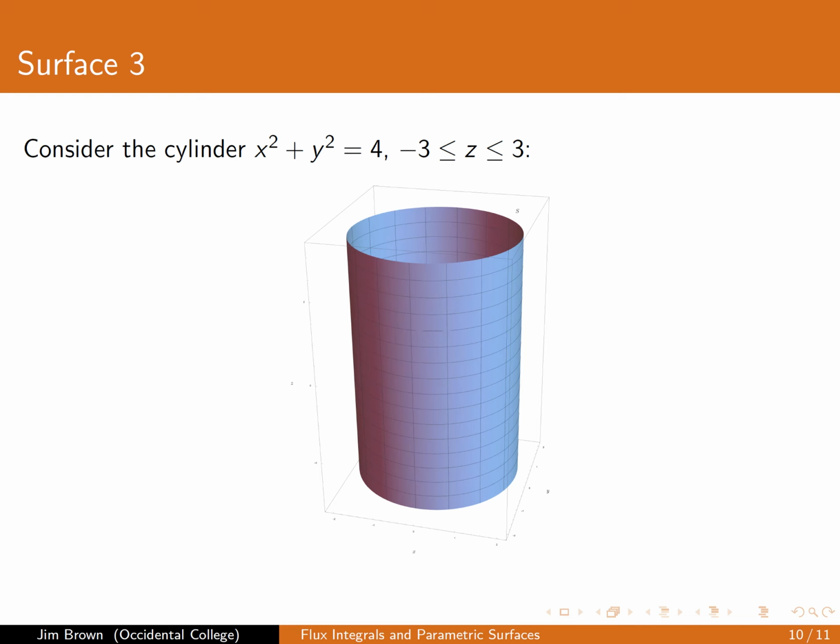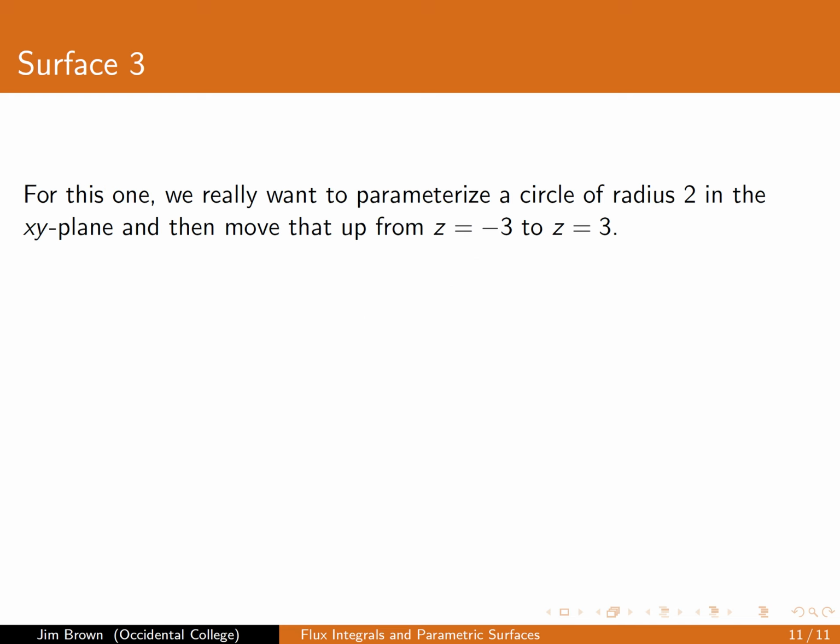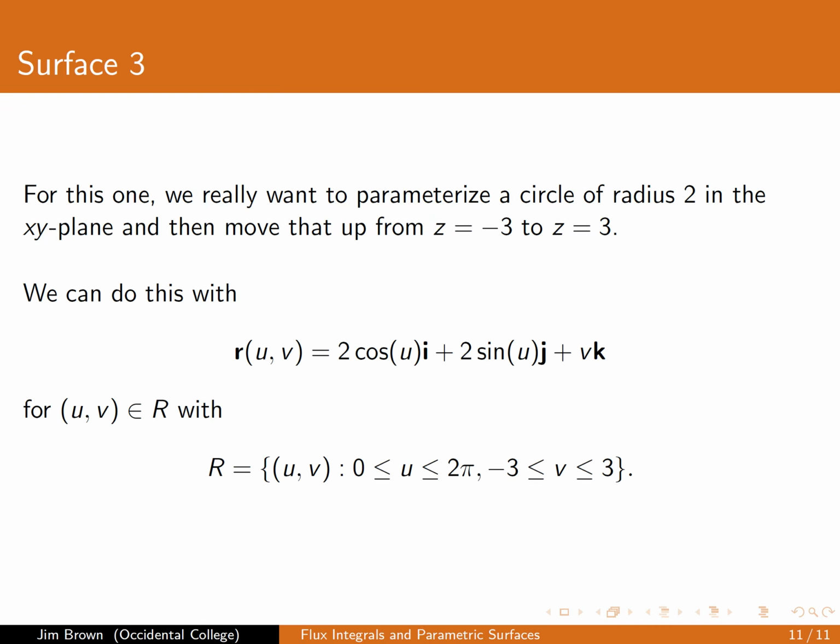So let's think about how we would want to parameterize this. Well, just like how I described the cylinder, we want to think of a circle of radius 2 in the xy plane, and then we want to move it up and down, start down at z equals minus 3 and move it up to z equals 3. To do that, we can parameterize the circle. So we take the circle of radius 2, so that would be 2 cosine u i plus 2 sine u j. And that would give us a circle of radius 2 at the origin.